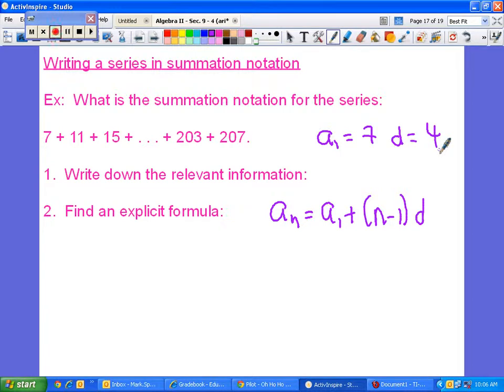Now we're going to find the explicit formula, but we're not going to solve. We're just going to set it up. So we're going to leave this as a sub n. Our first term we saw was 7 plus n minus 1, and then my common difference is 4. So that's the importance of just recognizing what the information is.